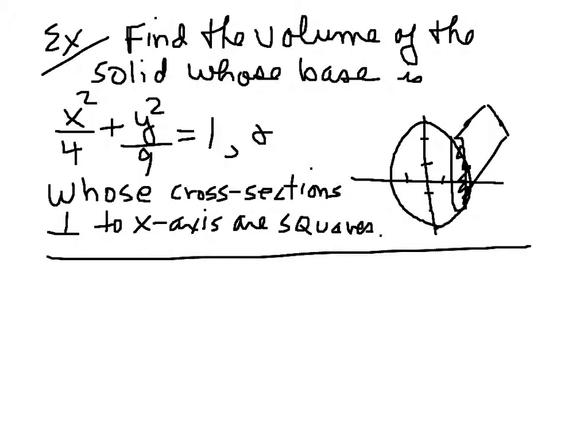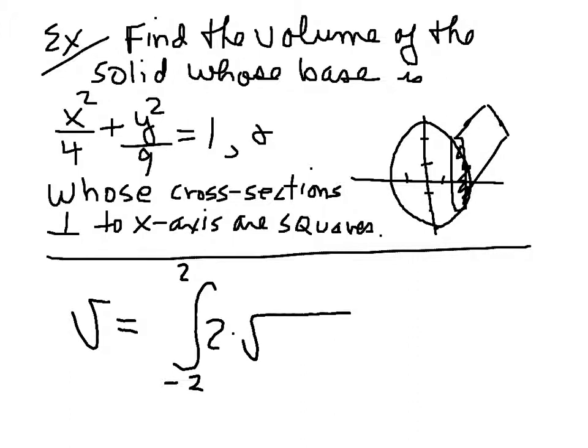And so if you keep track of all that, here's what the volume is equal to. The integral from minus 2 to 2, going along the x-axis, of the height, which is 2 times the y value. So it's going to look like this: 9 times 1 minus x squared over 4, and then we get the little bit of thickness.